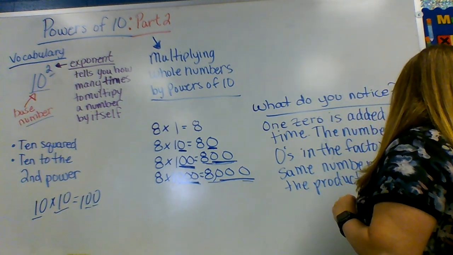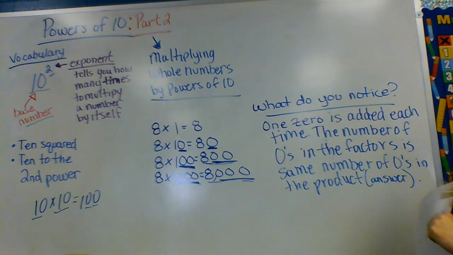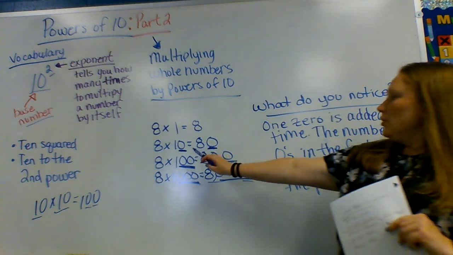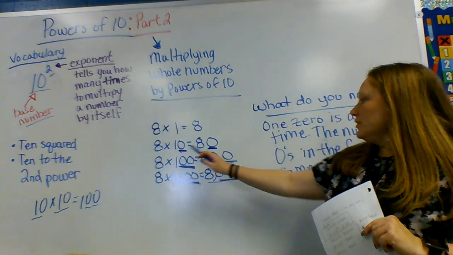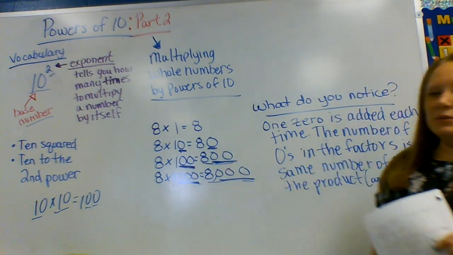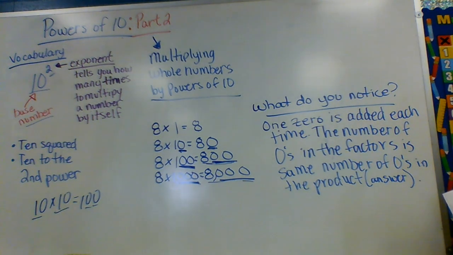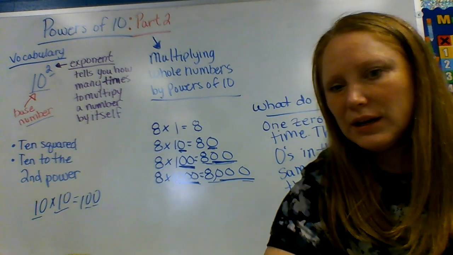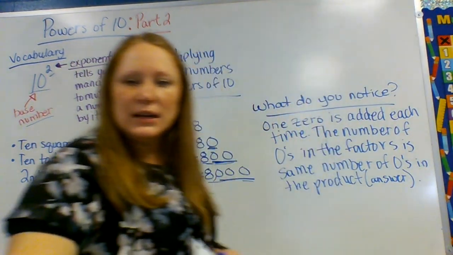Okay? So the number of zeros we have in the factor is the same as the number of zeros we have in the product. Okay? Go ahead and write that down for me. You can pause the video right here if you would like to write that down.